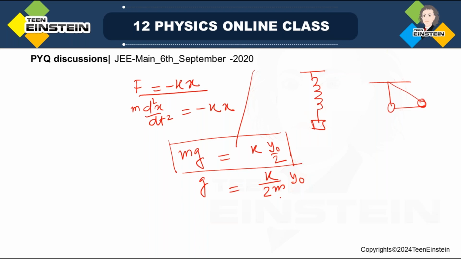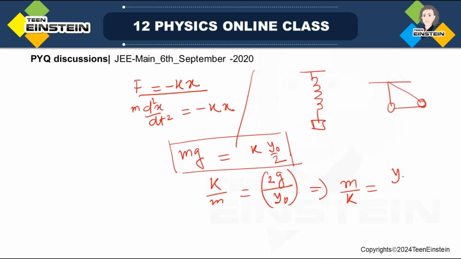So from here we have to find out what is k by m. So k by m will be 2g by y naught. Then what is m by k? M by k is y naught by 2g.